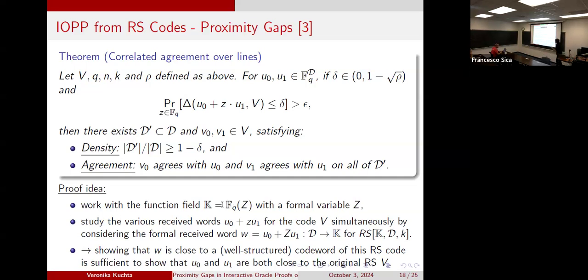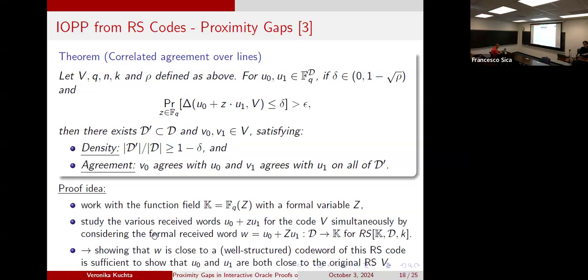And then we study various received words, u0 plus z u1, for the Reed-Solomon code V. But we consider formally the received word w, which is u0 plus capital Z u1.